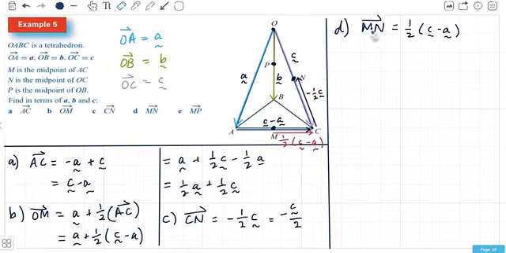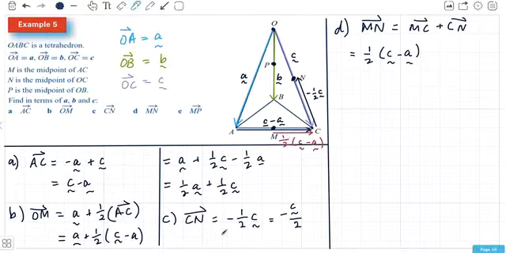And actually what I might do, sorry, I'll write it in terms of the points first, so m to c plus c to n, which is, so m to c is a half c take away a, and now I've got a bit more room. And then we know that c to n, because we found that in the previous question, is negative a half c. So we can expand out, again, distributive law.